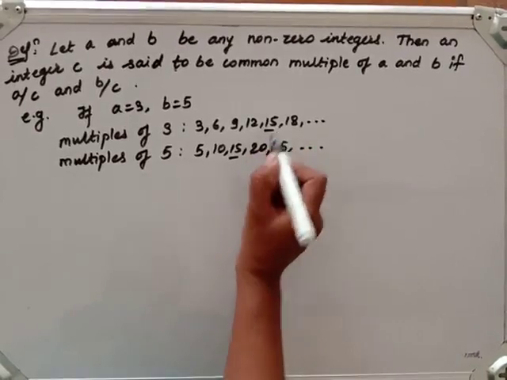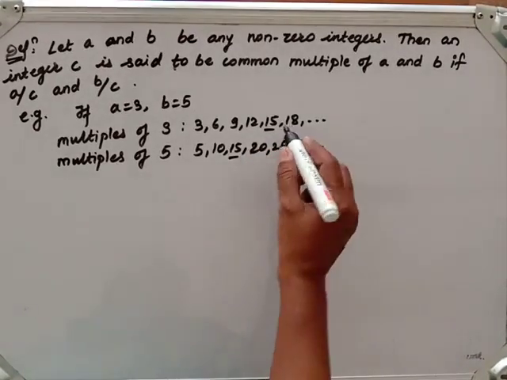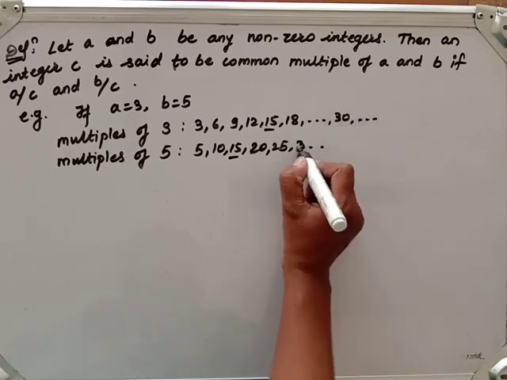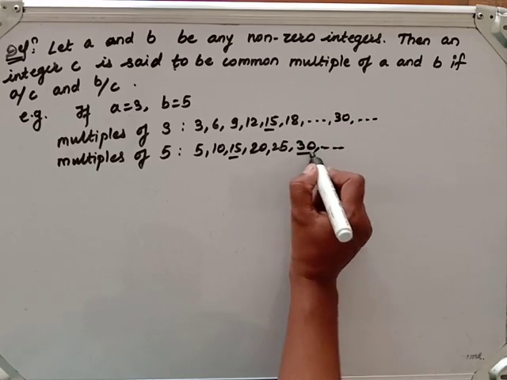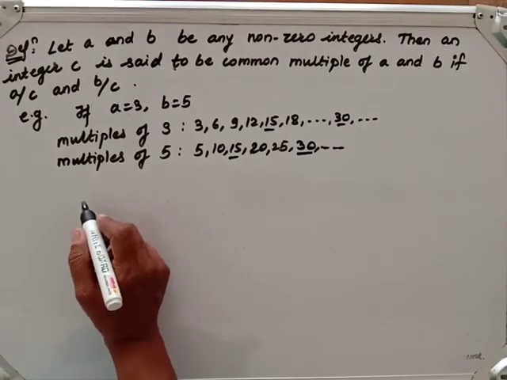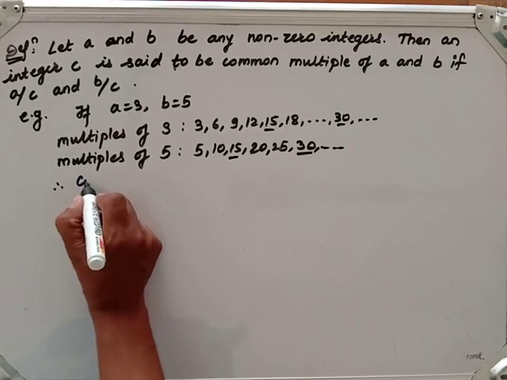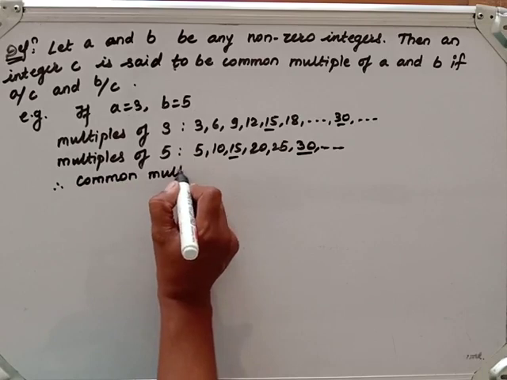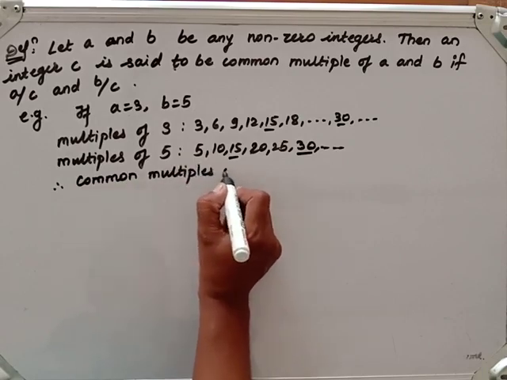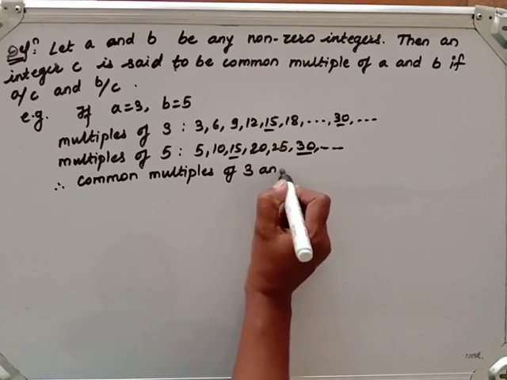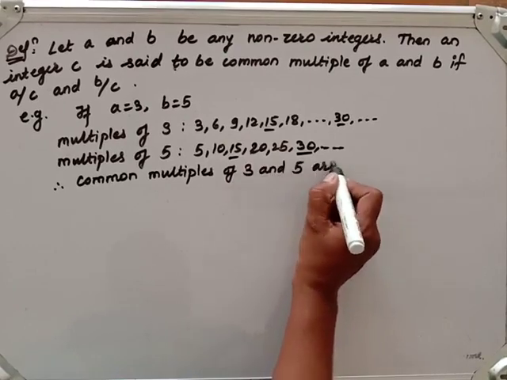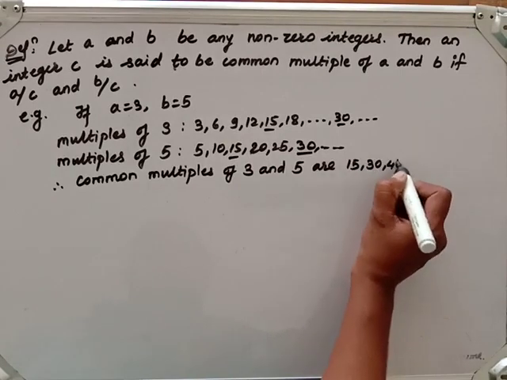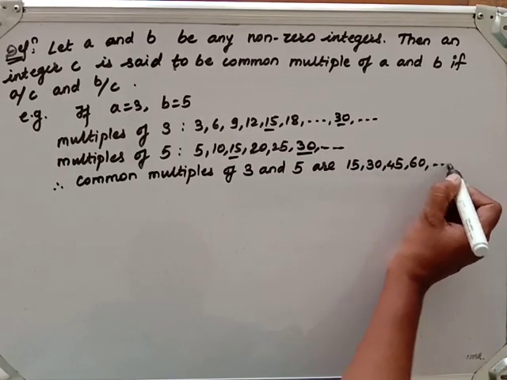Look here, 15 is common. Somewhere we also get 30 in both lists, so 30 is also a common multiple. Therefore common multiples of 3 and 5 are 15, 30, 45, 60 and so on.